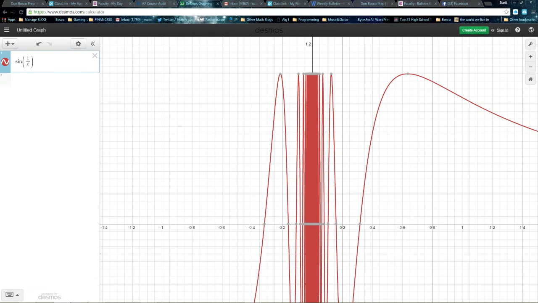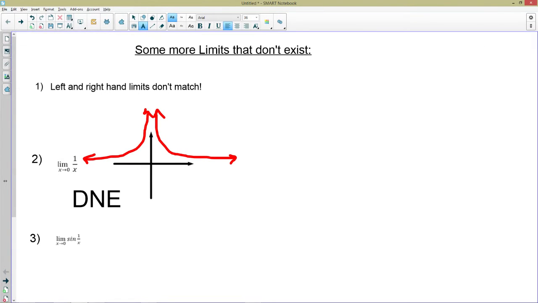It's actually never approaching a particular number. It's oscillating between two numbers, even if you zoom way in. Even as we zoom way in, it's always bouncing up and down. It's not actually approaching a particular number. So oscillating functions like this one also don't have a limit.